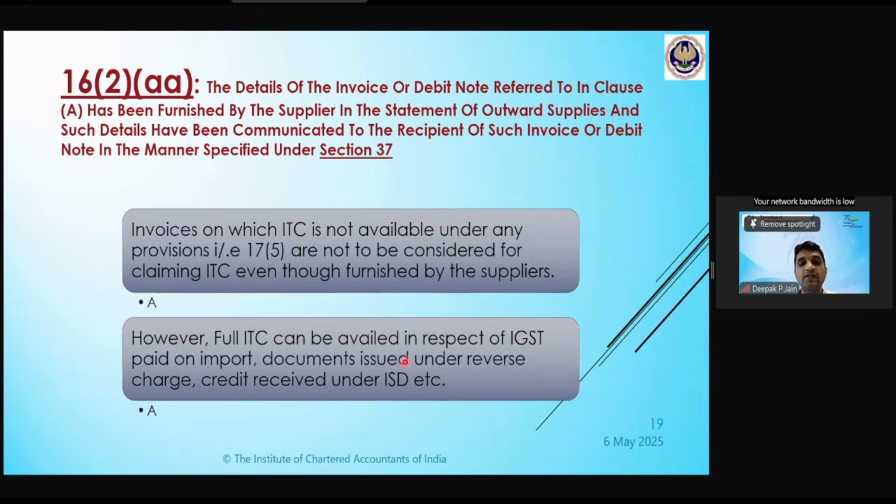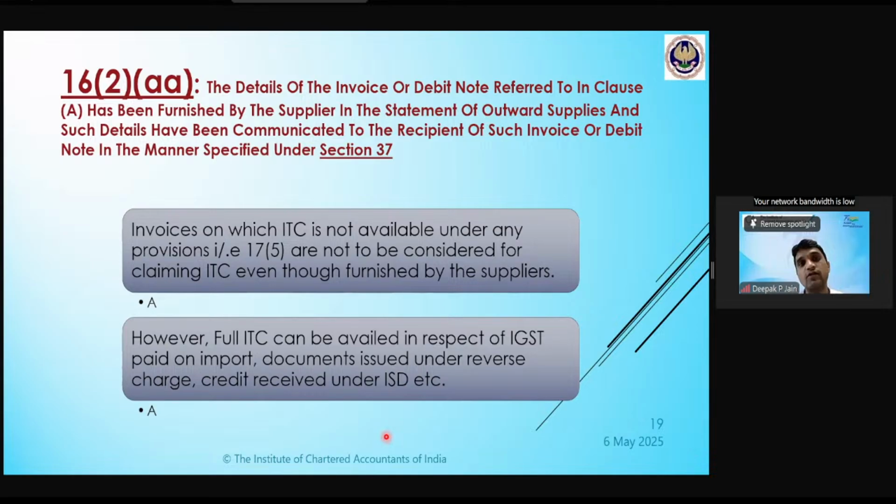And full input tax credit can be claimed on IGST paid on import, on documents issued under reverse charge mechanism, and on credit received under ISD. These are the 3 exceptions for which you will not check whether it is appearing in your GSTR 2B. Okay, why? Very important.